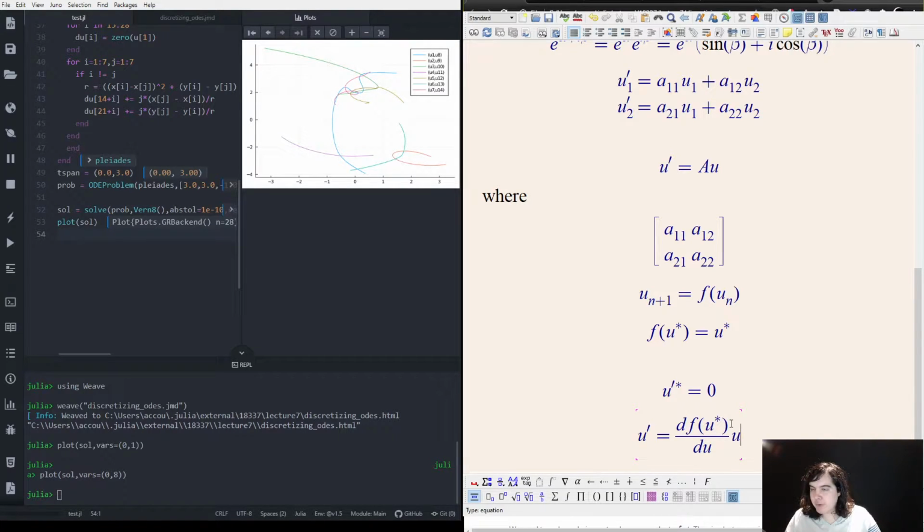How do you know whether you're going towards the steady state or away from it? You look at the eigenvalues of the Jacobian, and if they are all negative, because of the linear ODE, then the solution will go towards the steady state. So this whole idea of linearization carries directly over to this case as well. This will become important when we begin to talk about the stability of the ODE solver.